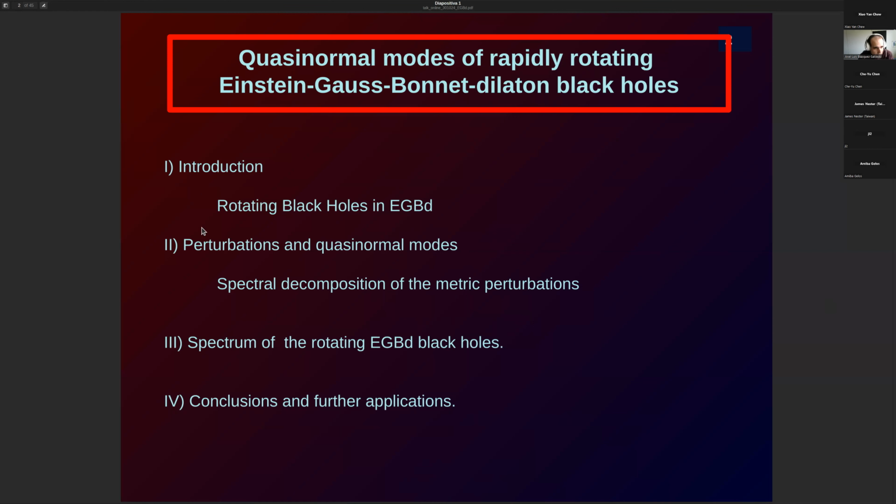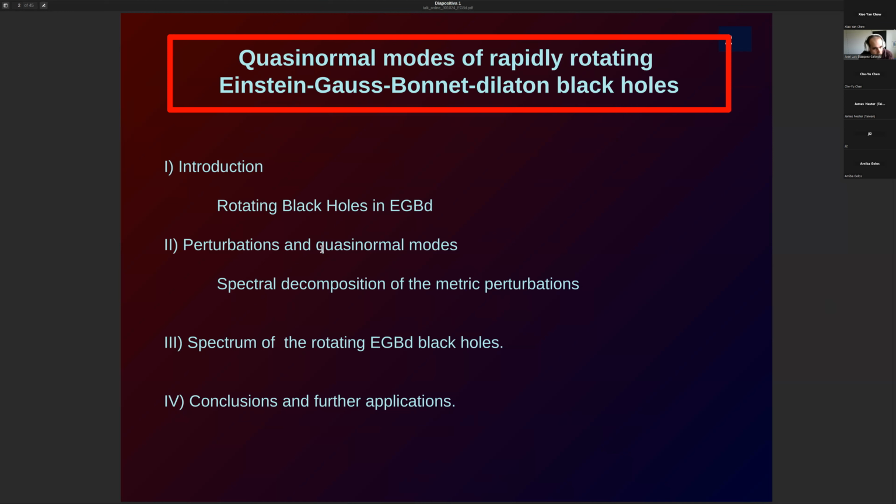After that, I will talk to you about the perturbations and how to extract the quasi-normal modes from the solutions. I will tell you why quasi-normal modes are important for the study of gravitational waves. We will do that by introducing a new method, the spectral decomposition of metric perturbations, in this context of perturbations of rotating black holes.